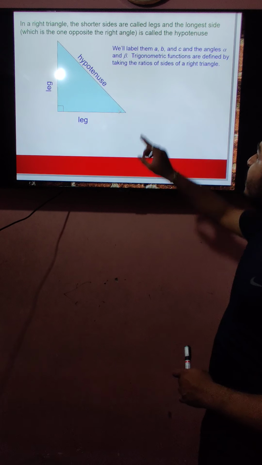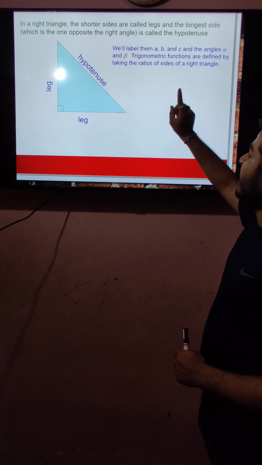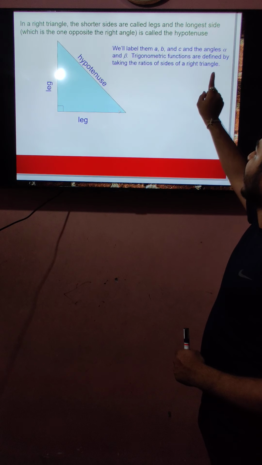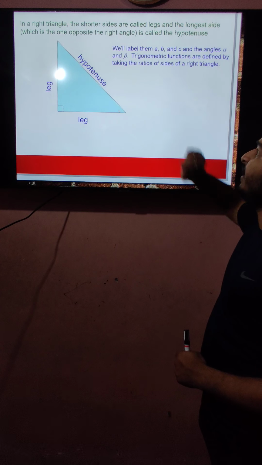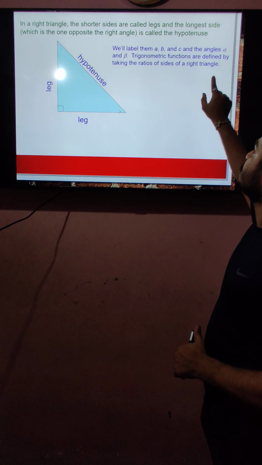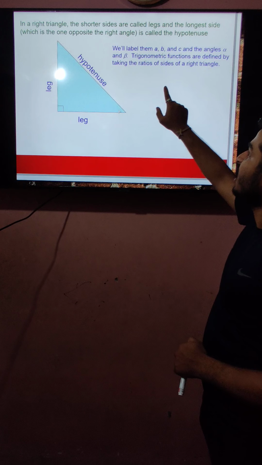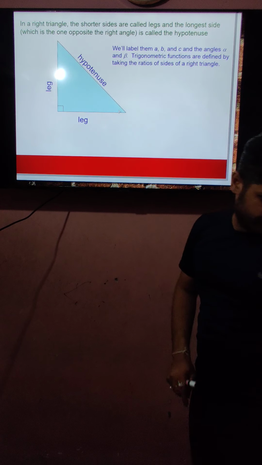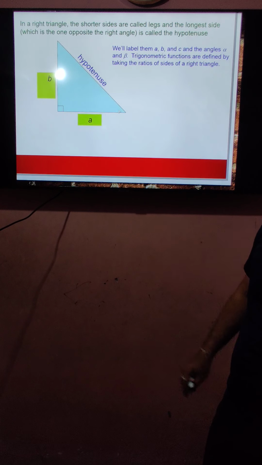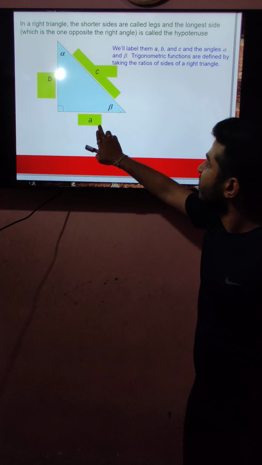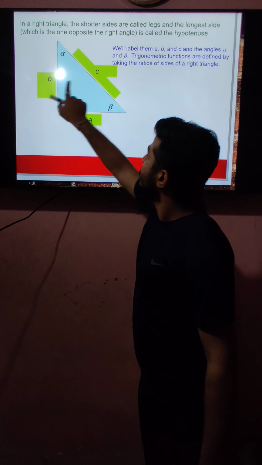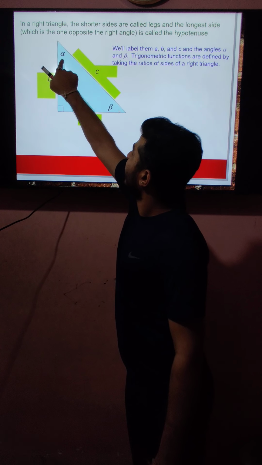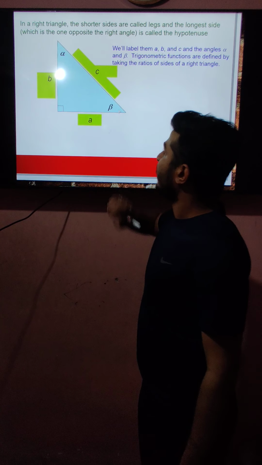Now we will label the sides A, B and C, and the angles alpha and beta. Trigonometric functions are defined by taking the ratios of the sides of a right angle triangle.